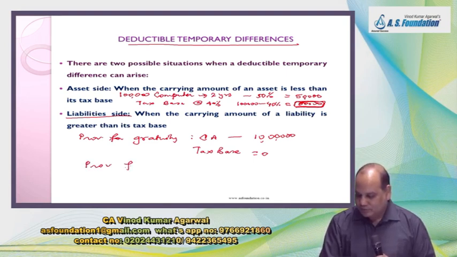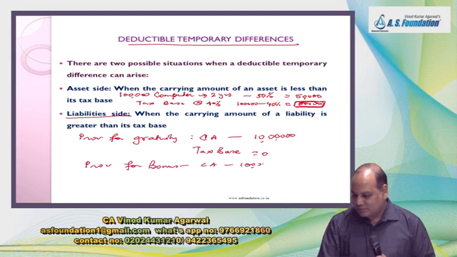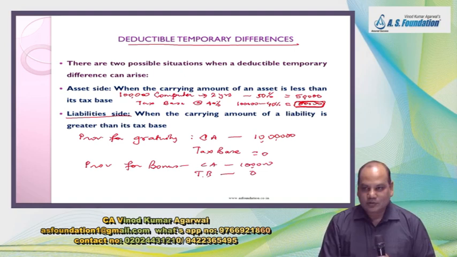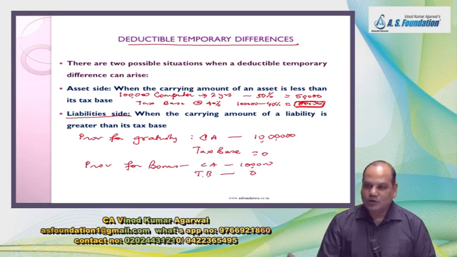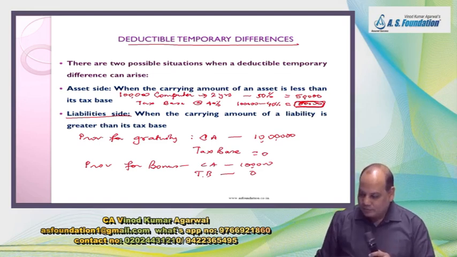Provision for bonus. Carrying amount 1 lakh. Tax base 0. Like this. So most of the provisions which are allowed for deduction on a payment basis, all these fall under deductible temporary difference.